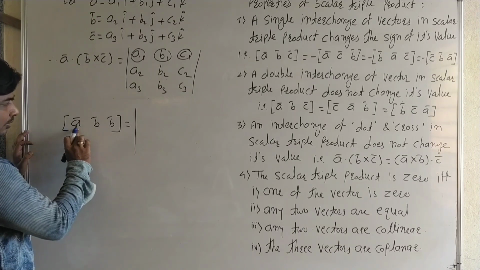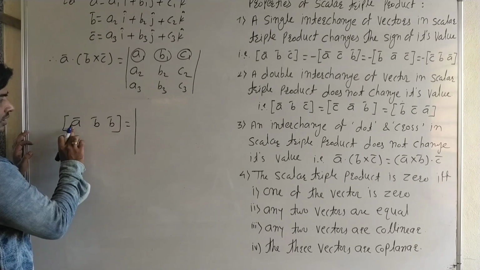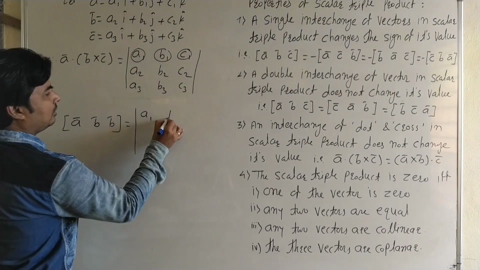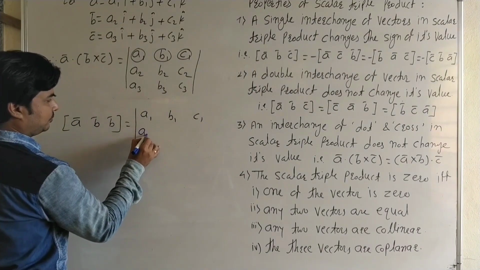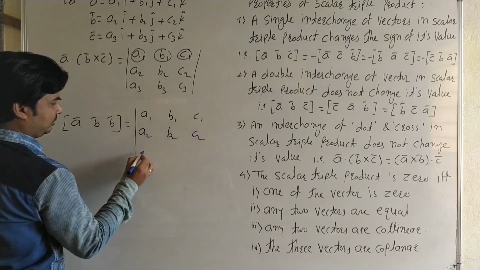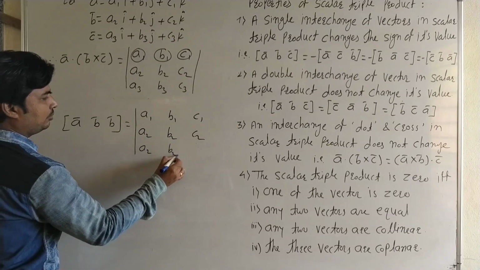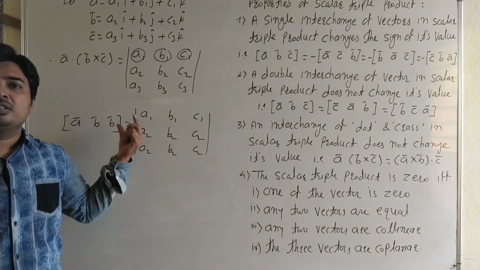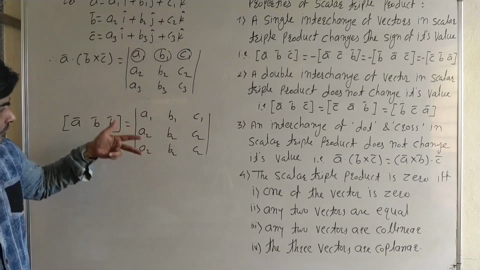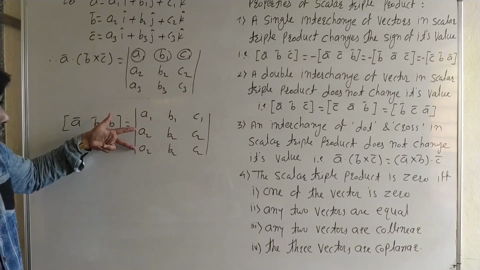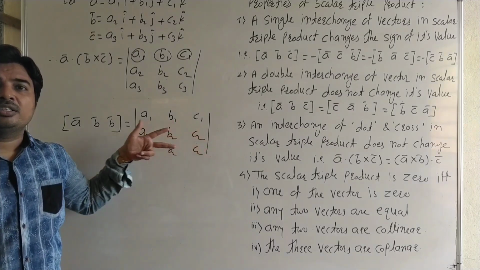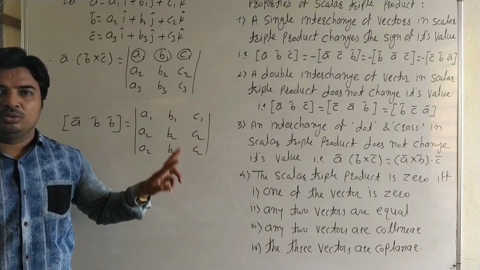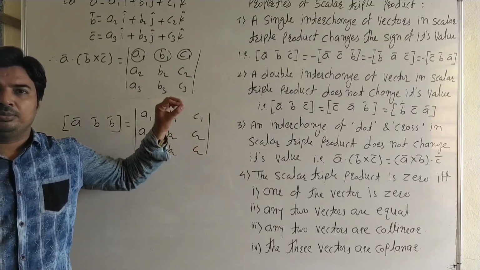Okay, here the triple product a bar b bar c bar, that is a bar, b bar and b bar, three vectors, we can write the triple product as a1 b1 c1, a2 b2 c2, a2 b2 c2, because the third vector is also the same. If any two vectors are equal, then any two rows of the determinant are the same, then the value of the determinant is 0. It is a property of determinant: any two rows or any two columns are equal, then the value of the determinant is 0.